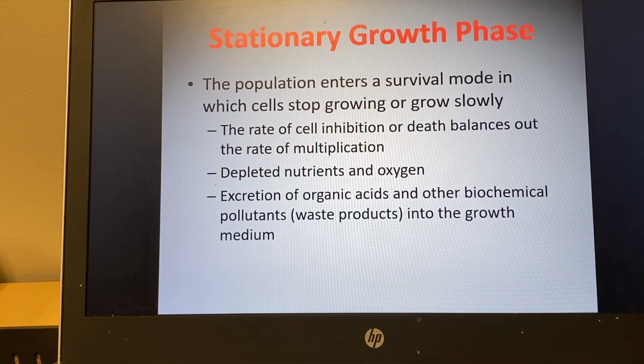If we were looking at a patient, this would be when the patient is starting to become septic, because things are getting really bad and there's so much bacteria in that patient that there aren't enough nutrients and there are a lot of waste products. So this is when things are starting to get bad.